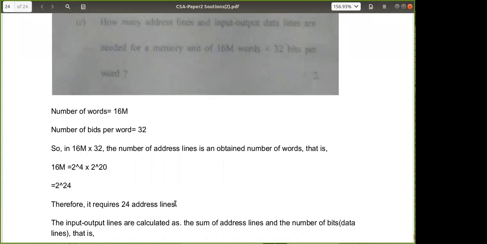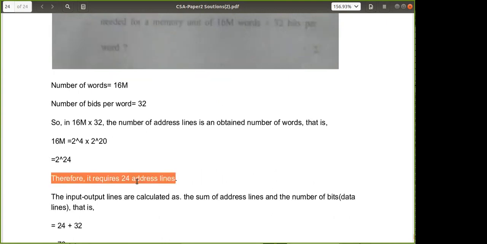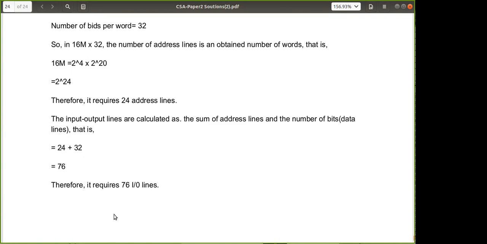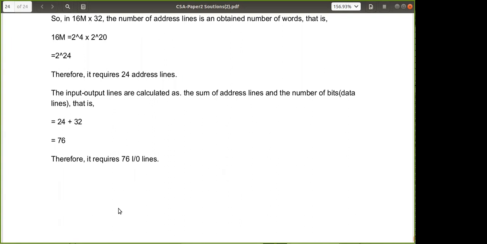Therefore it requires 24 address lines. Then the input output lines are the number of bits per word, which is 32. Therefore it requires 32 input output lines.